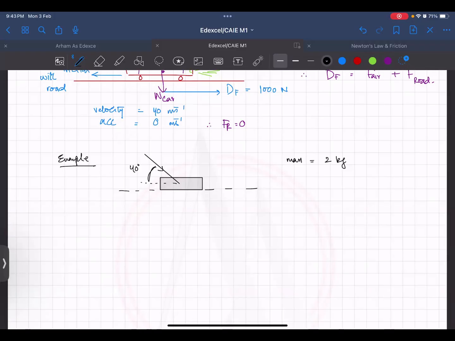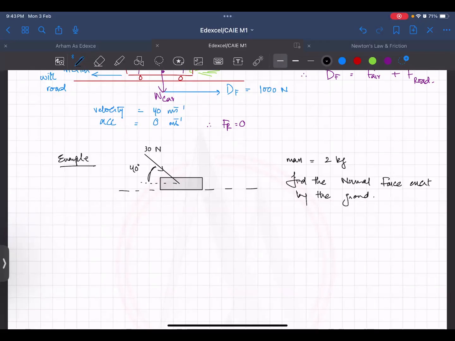This is a force of 30 Newton. Find the normal contact force. Contact force or normal force, the same thing. The normal force exerted by the ground. This is the ground.